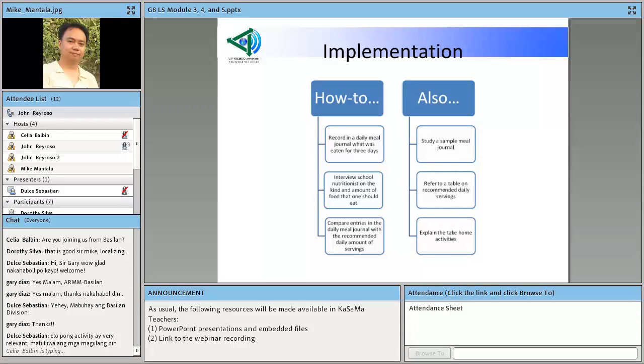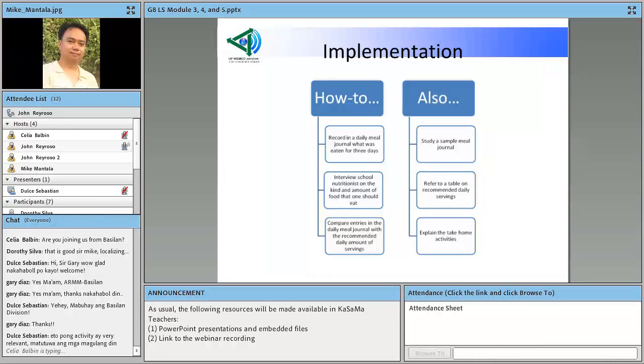Again, this has to be localized. Recommended daily servings actually would vary from country to country. It's a different recommended daily servings if it were in the United States, and it's different if it were in the Philippine setting. Okay, make sure that you have with you the right materials. I think we have this in the learners modules.